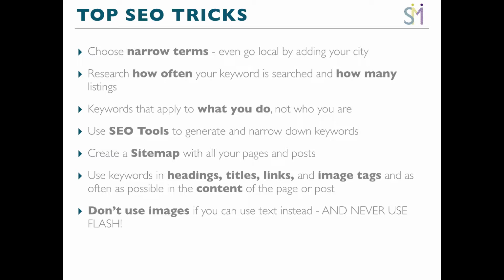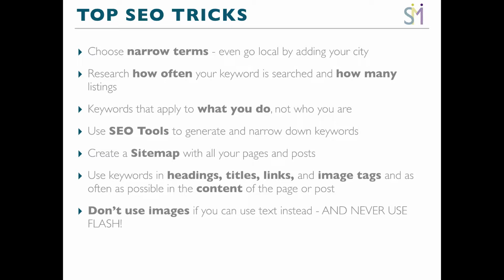Don't use images if you can use text instead, and never use Flash. No one uses Flash really anymore, but there still are some websites out there that do. Flash is notoriously bad for SEO, so stay away from Flash. And also, don't use images.